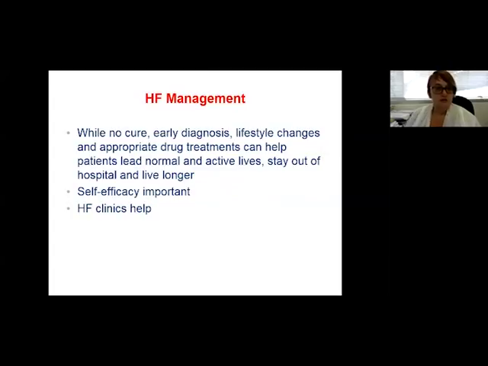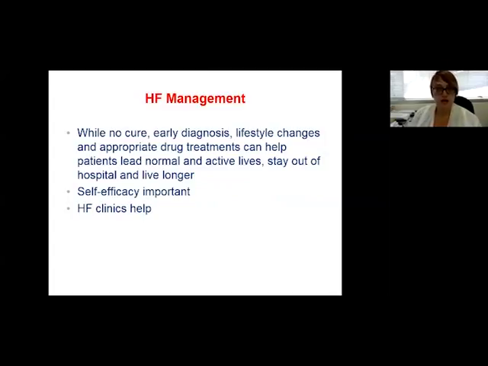So, with heart failure, while there's no cure, early diagnosis, lifestyle changes and appropriate drug treatments can help patients lead normal and active lives, stay out of hospital and live longer. And self-efficacy or giving patients the confidence to manage their symptoms is really important.